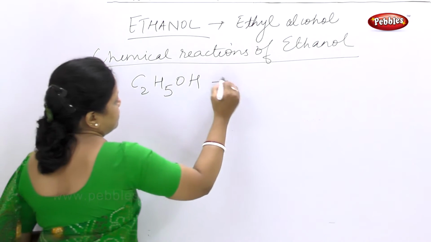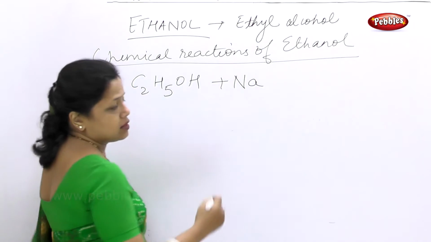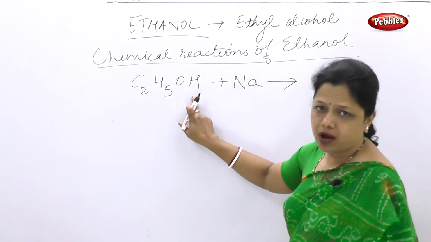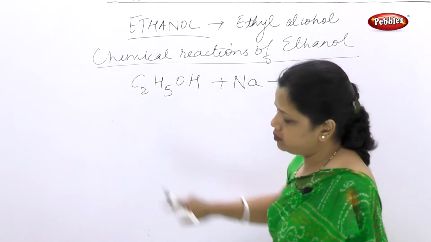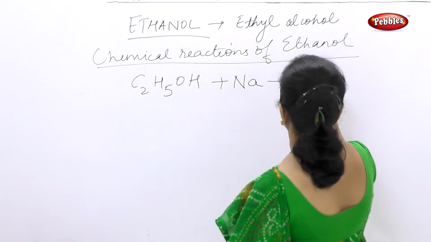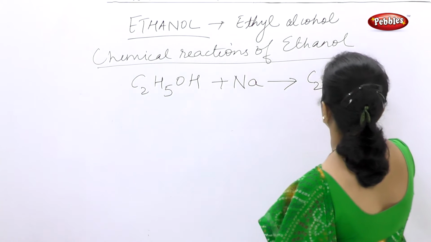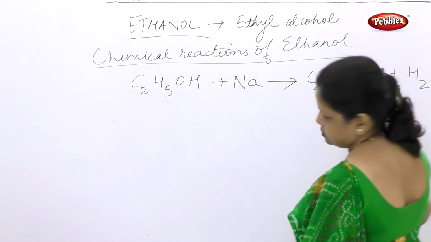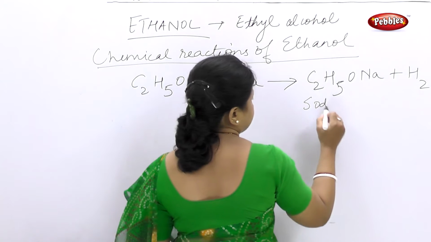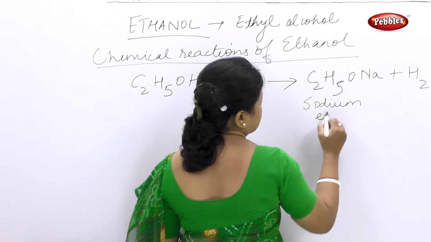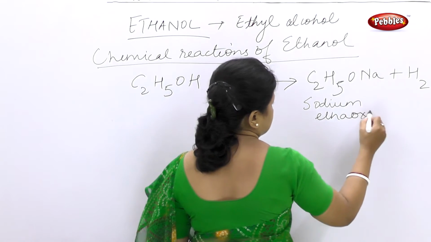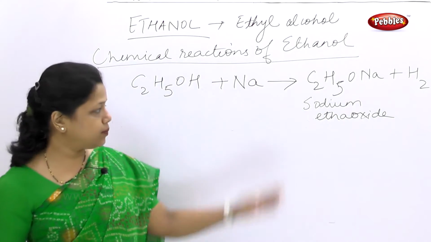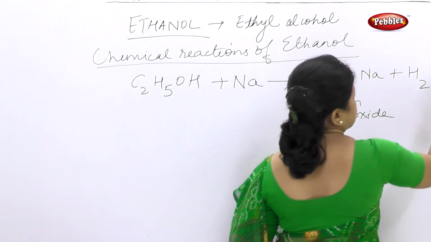C2H5OH plus Na. Na is sodium. Now here this sodium will replace H from alcohol and it will form sodium ethoxide, C2H5ONa, plus hydrogen. So this is the product formed, sodium ethoxide plus hydrogen gas which evolves.